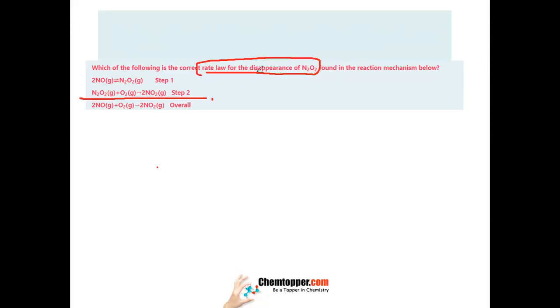They're asking something else. So pay attention to what they are asking. N2O2 is the reactant in step 2. What's the rate law for step 2?